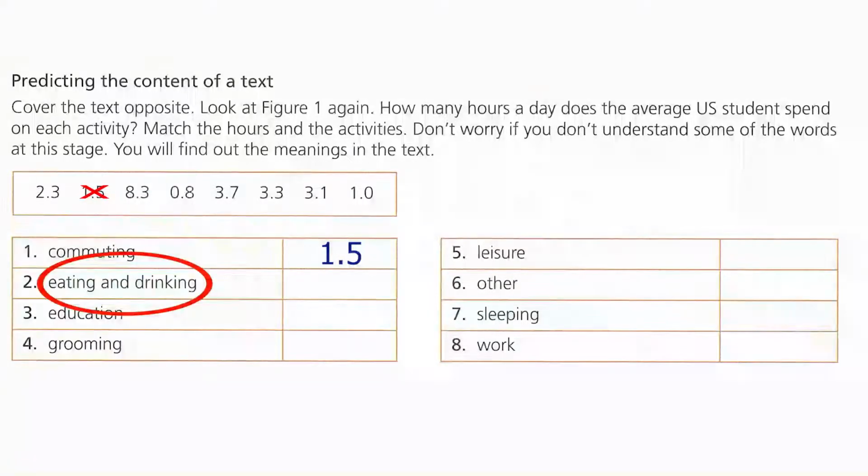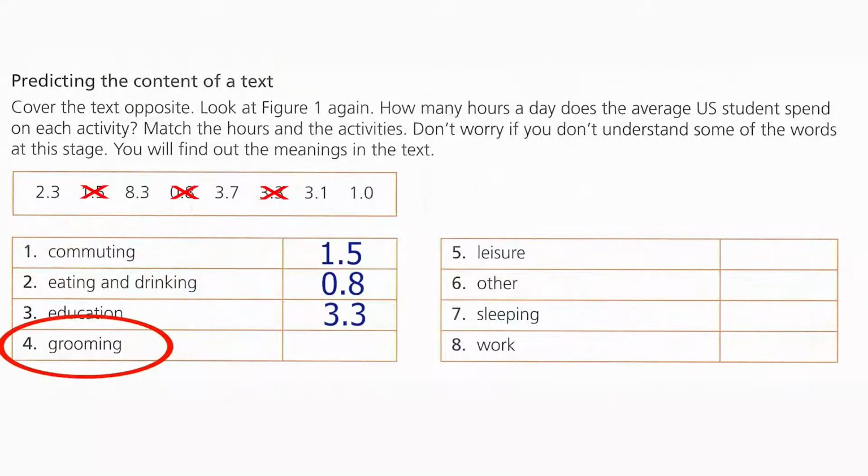Number 2, eating and drinking. It takes nearly 2 hours per day. Number 3, education. It takes 3.3 hours each day. Number 4, grooming. It takes almost 1 hour per day.